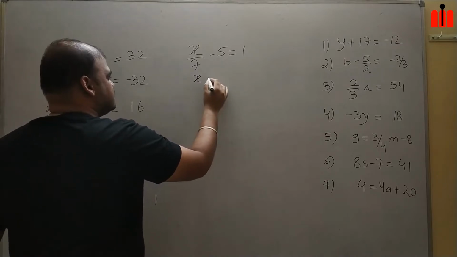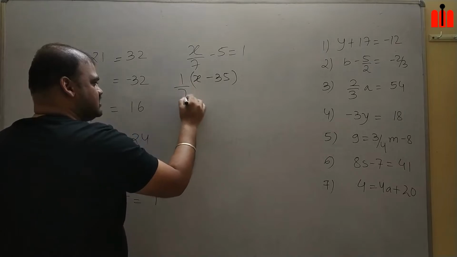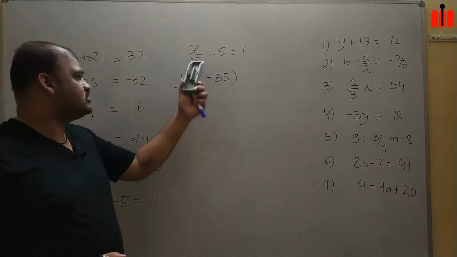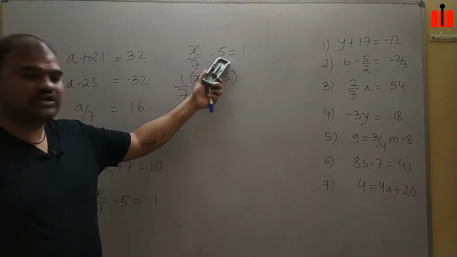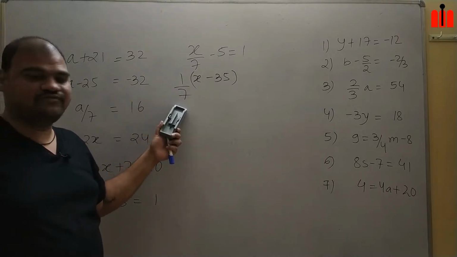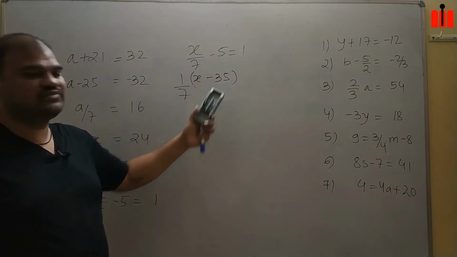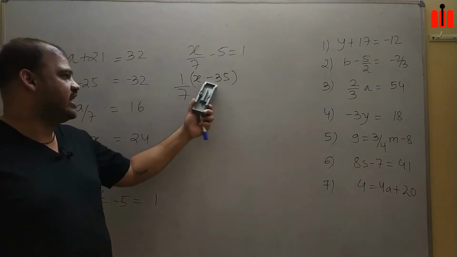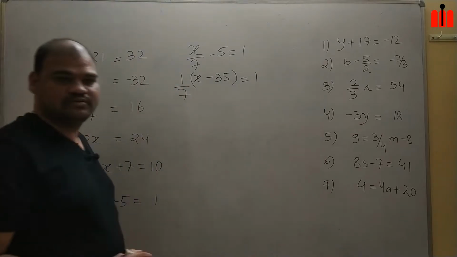You have to take 1 by 7 out common, because 7 is in division, so there should be 7 in division for this too. So 1 by 7 is the factor, 7 is the LCM for it, so 5 will become 35. So 1 by 7 into x minus 35 is equal to 1.